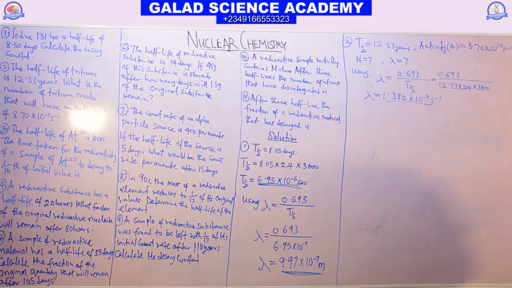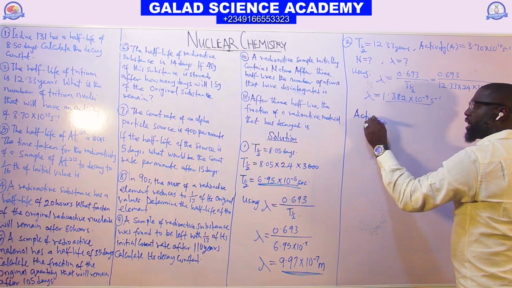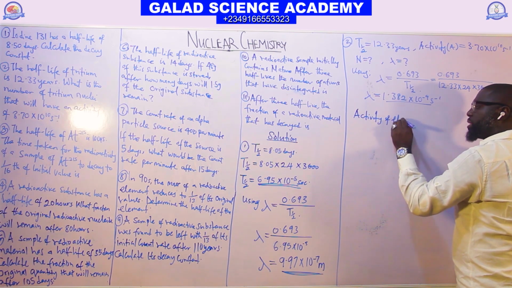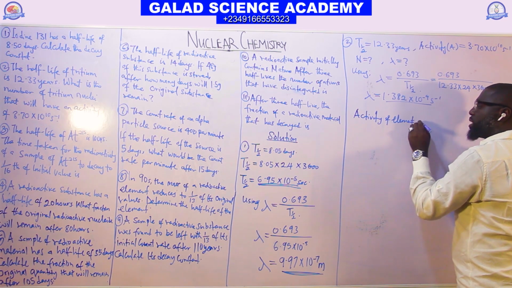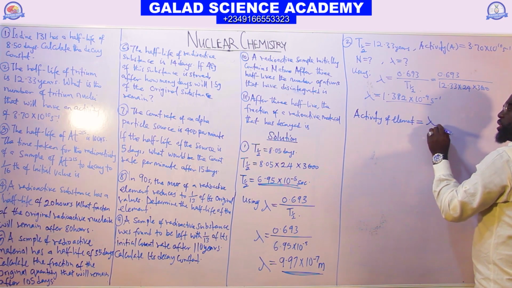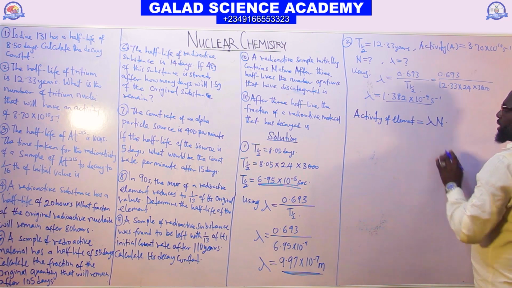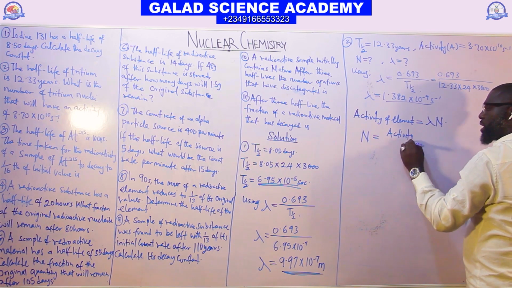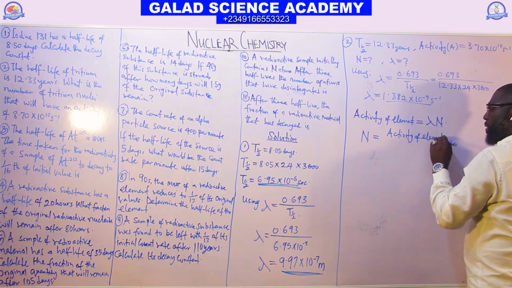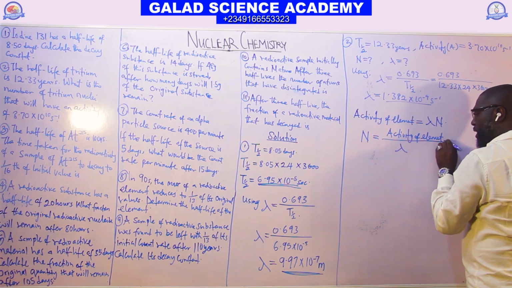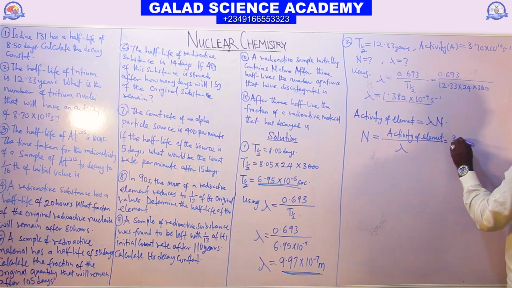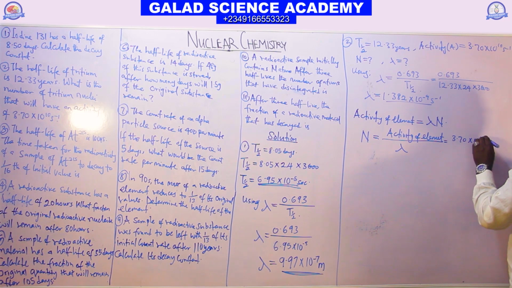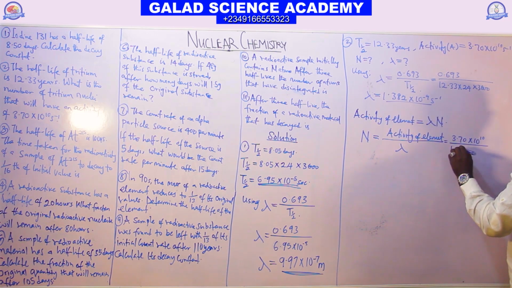And the next thing is to know the number of nuclei from the activity. The activity of an element is the product of lambda and N, and we are looking for this N. The number of nuclei of tritium will be the activity of the element over lambda. The activity given is 3.70 times 10 raised to the power 10, over the lambda we calculated here, 1.382 times 10 raised to the power minus 9.